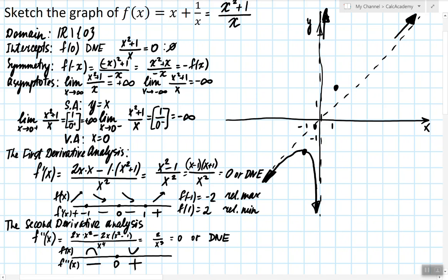On the right side, it appears on top and goes down, so it's decreasing until it reaches the relative min at 1, and then it increases and approaches the slant asymptote. So this is the sketch of the graph of this rational function, and we did it using the analysis of the first and second derivatives.